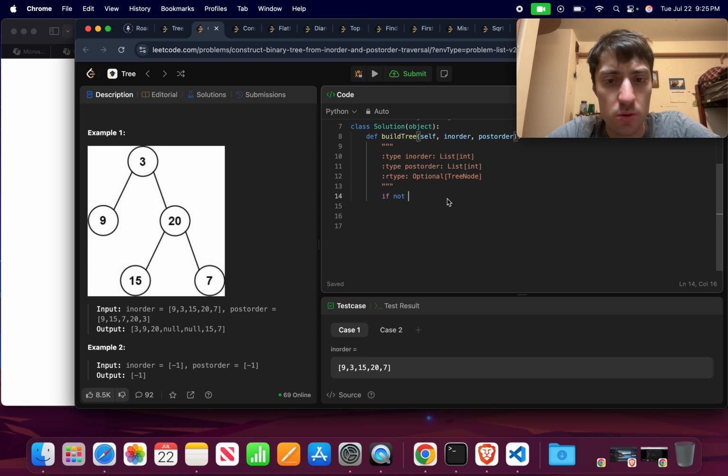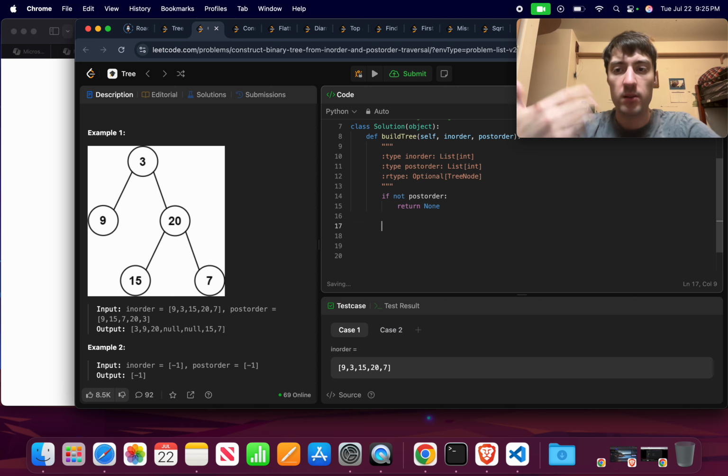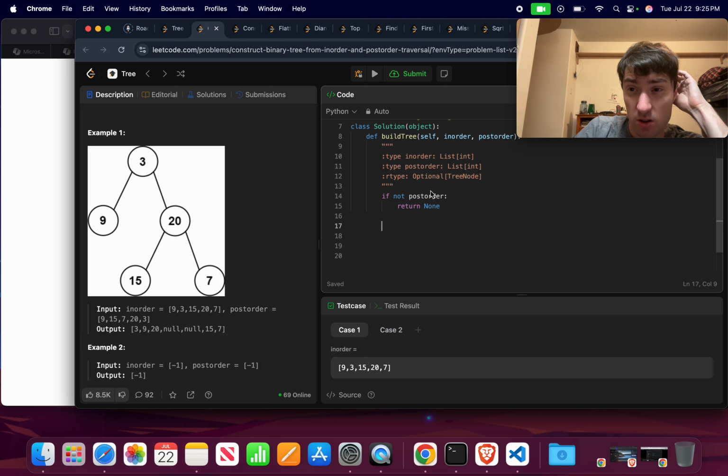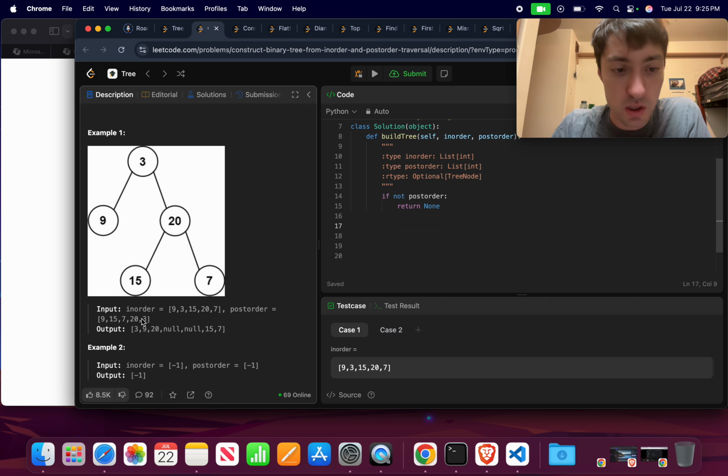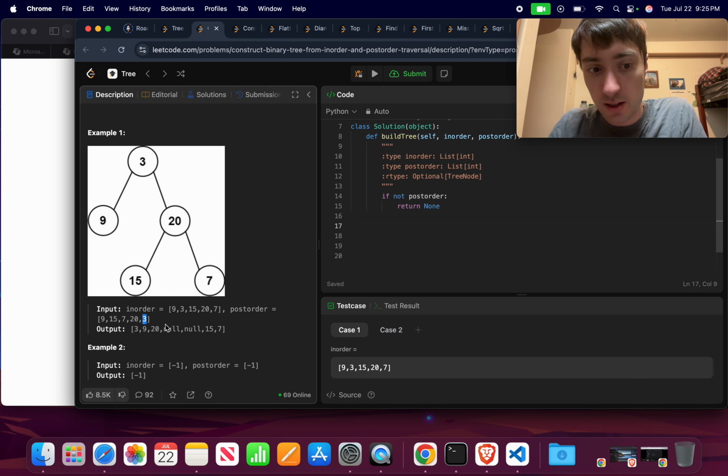So if not post order, then return none. Okay. Now, what we do have a post order. So I want to create this node, right? So the post order is going to be at the last index because of the way that I'm going to construct it. The post order last index is always going to have the node.